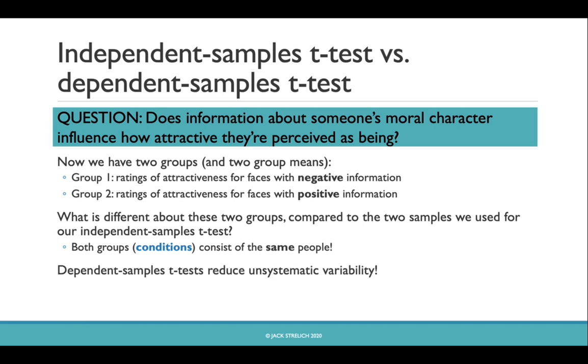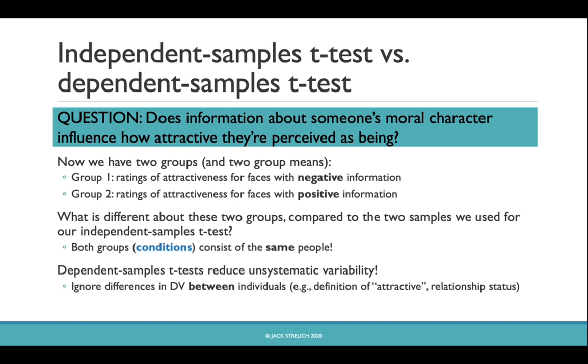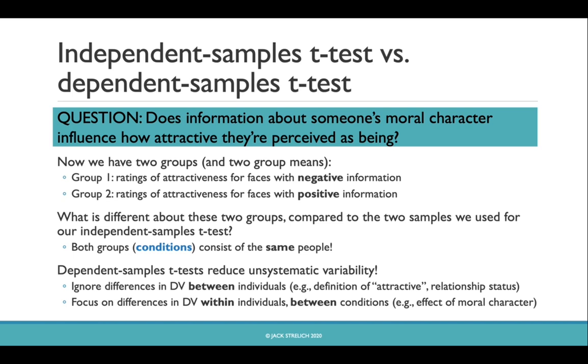Dependent samples t-tests reduce unsystematic variability because they allow us to ignore differences in the dependent variable between individuals, for example, individual definitions of attractive or individual relationship status, and to focus on differences in the dependent variable within individuals between conditions. For example, the effect of moral character on ratings of attractiveness.